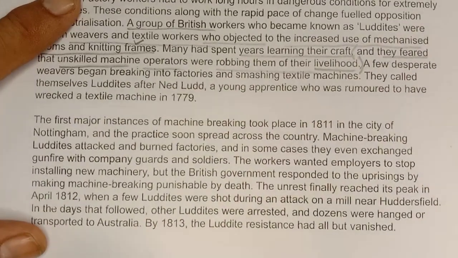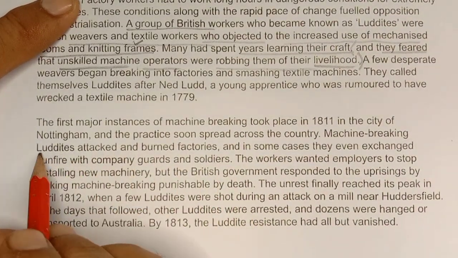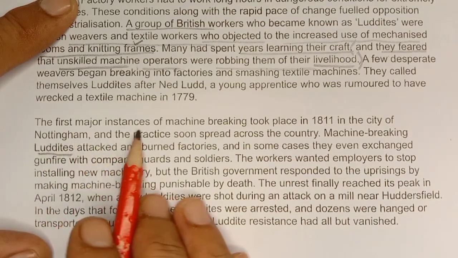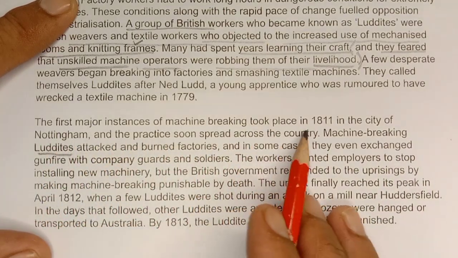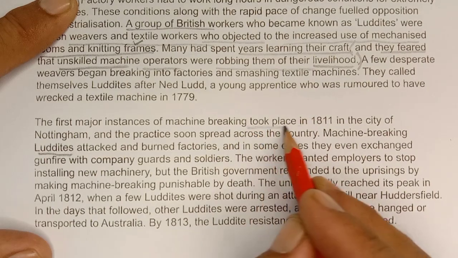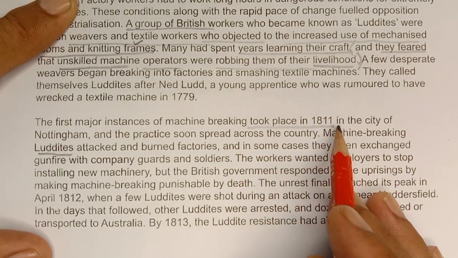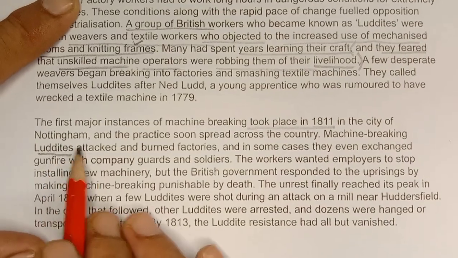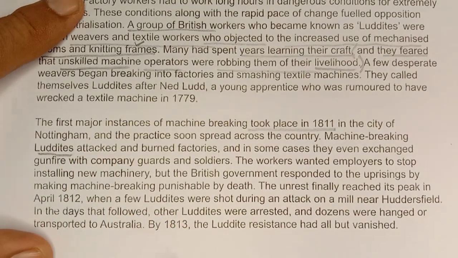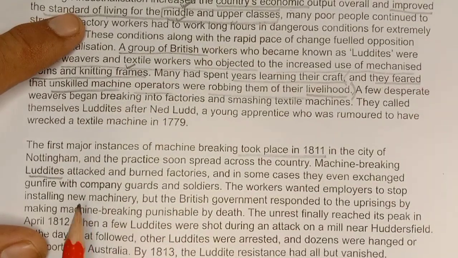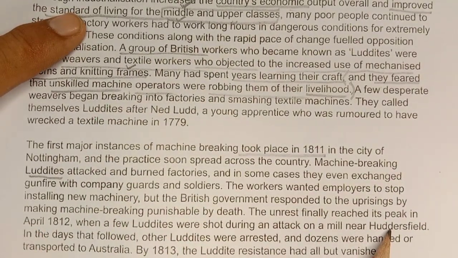Machine-breaking Luddites: the first major instance of machine breaking took place in a fit of fury in 1811 in the city of Nottingham, and we were talking about Huddersfield. Where is Huddersfield? We'll check.